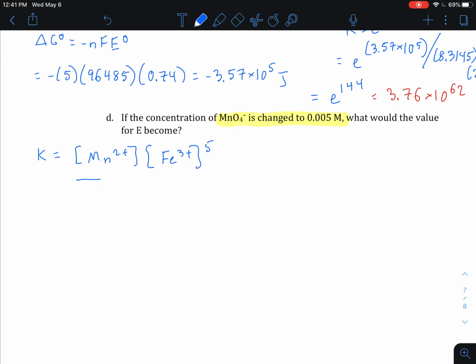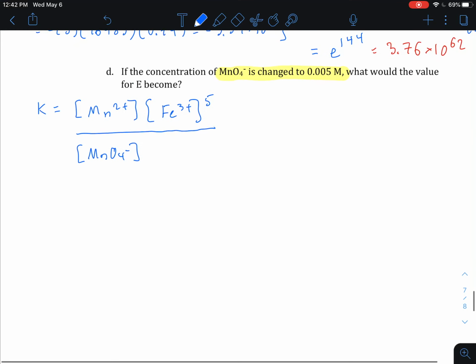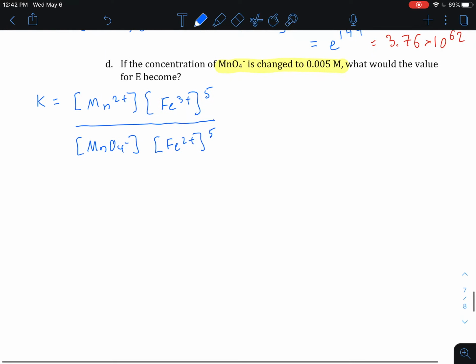concentration of manganese 2+ times the concentration of iron 3+ to the 5th power divided by the concentration of permanganate, divided by iron 2+ to the 5th power.